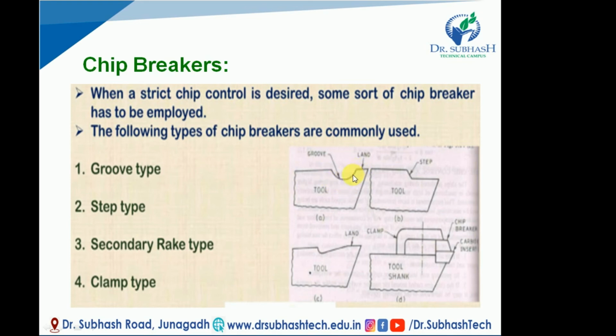Second one is a step type, so you can see the step. Third one is a secondary rake type. Fourth one is the clamp type, that is over here. With the use of this clamp mechanism we can easily break the chips, which is commonly used in the different manufacturing processes, right?